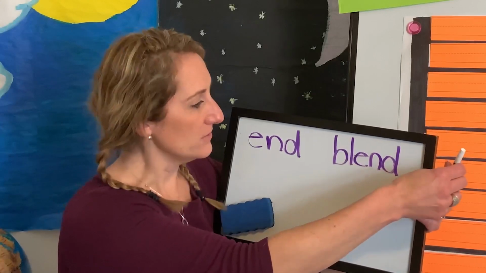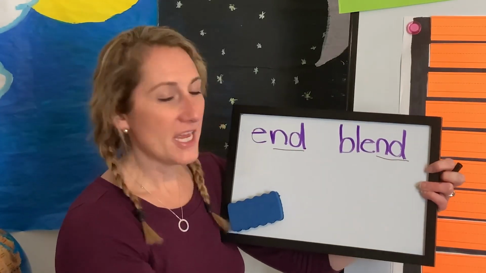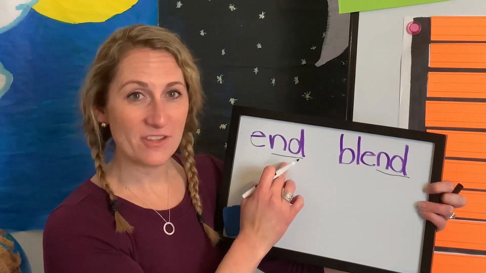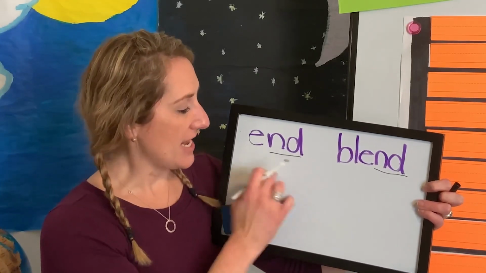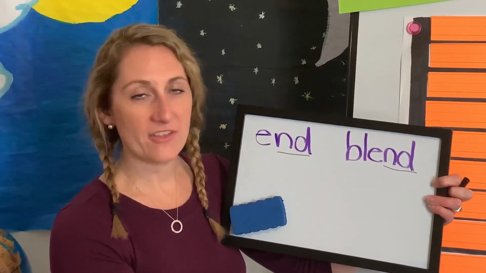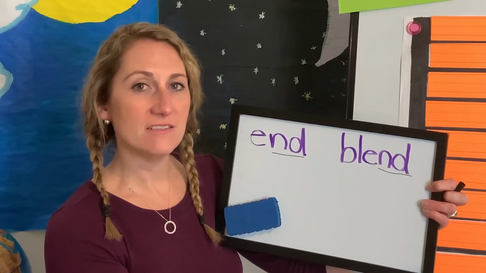Yes, if you found that there's an ND in both of these words, that is a blend at the end of the words. Let's look at end and think about ND in that. N and D work together to say nd. Can you do that with me? Nd.